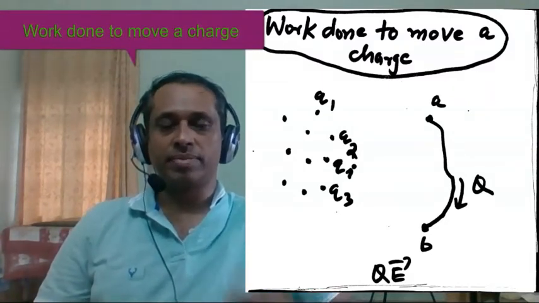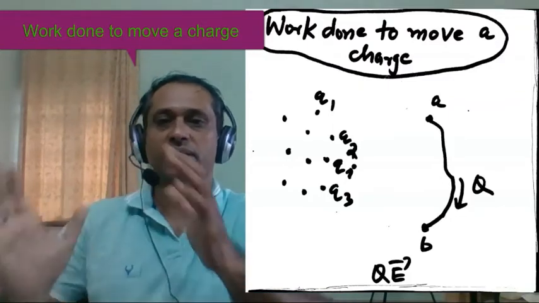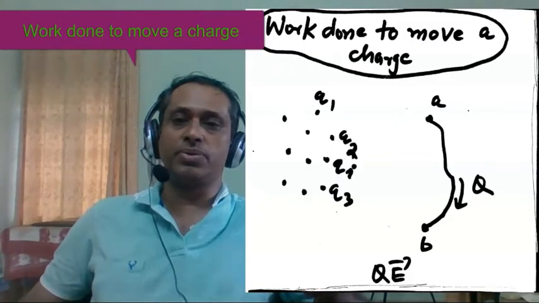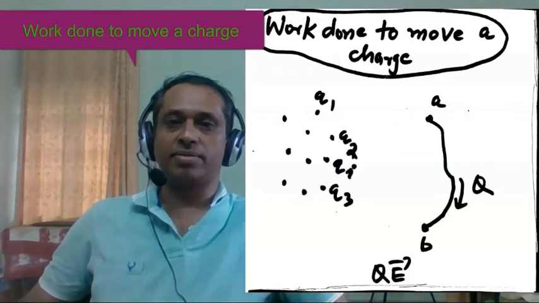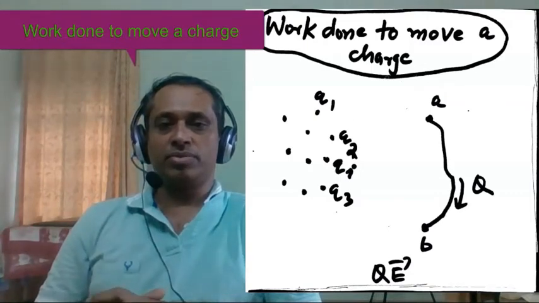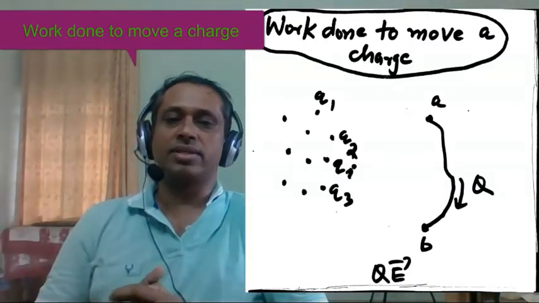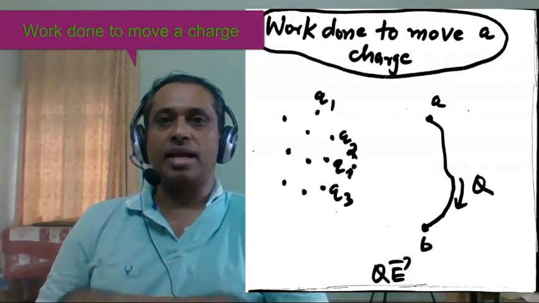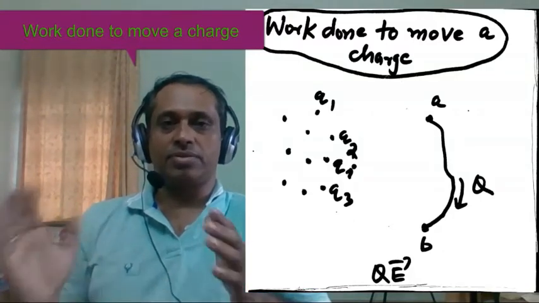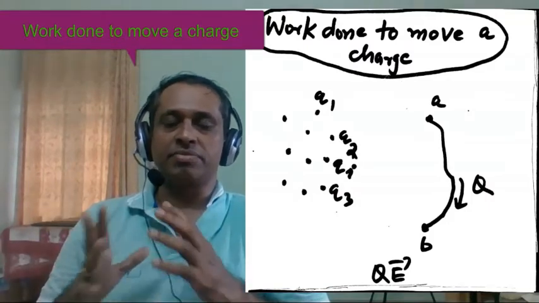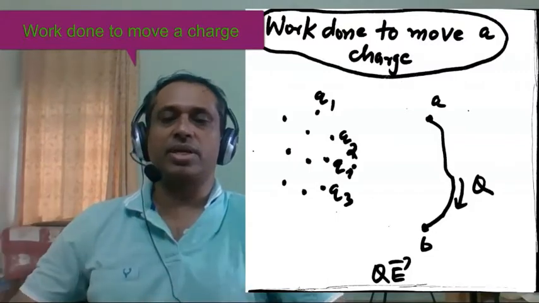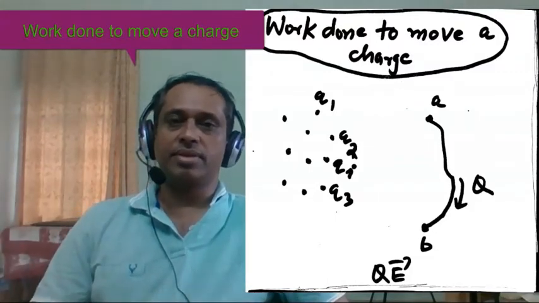As shown here, we have a configuration of charges consisting of Q1, Q2, Q3, Q4, etc. That configuration of charges will be producing an electric field around it. That electric field is E, the electric field produced by this assembly or configuration of charges.